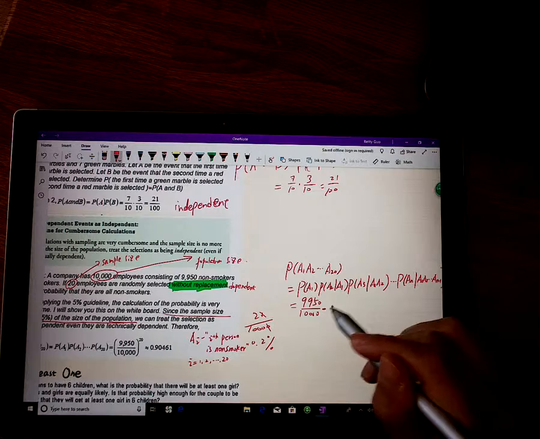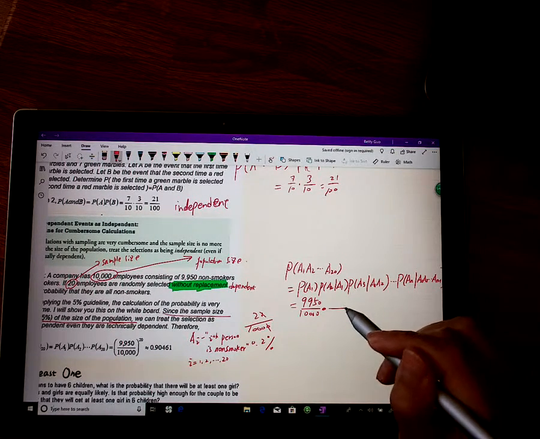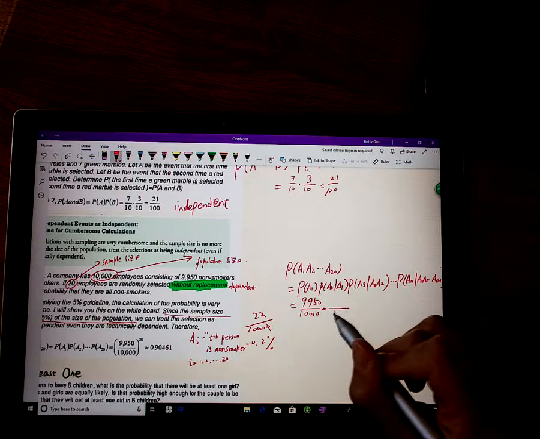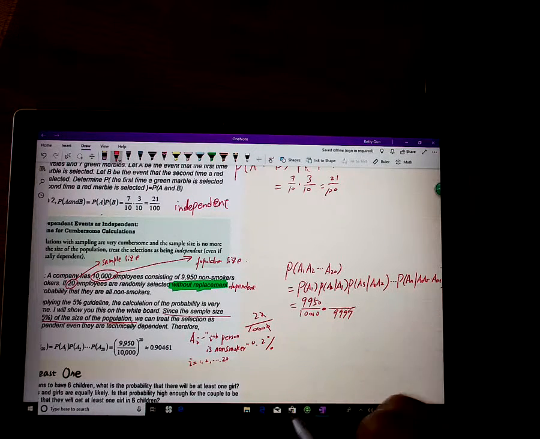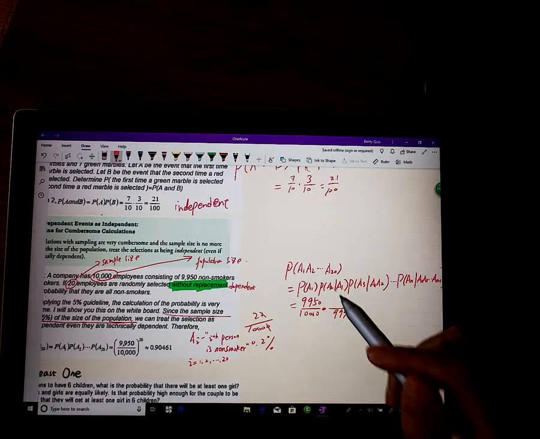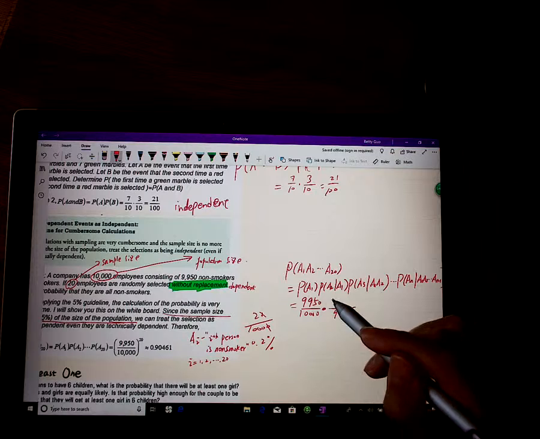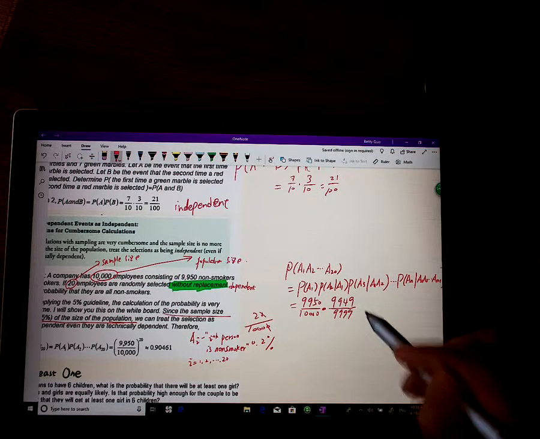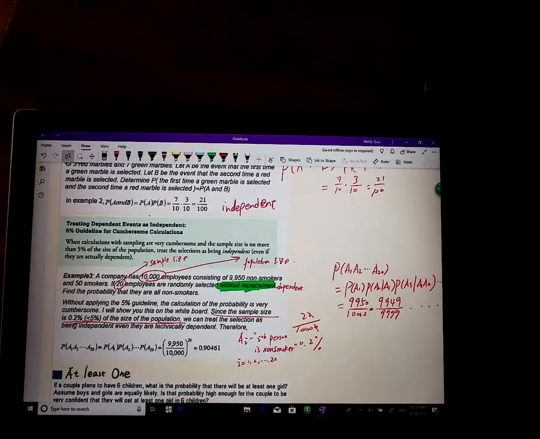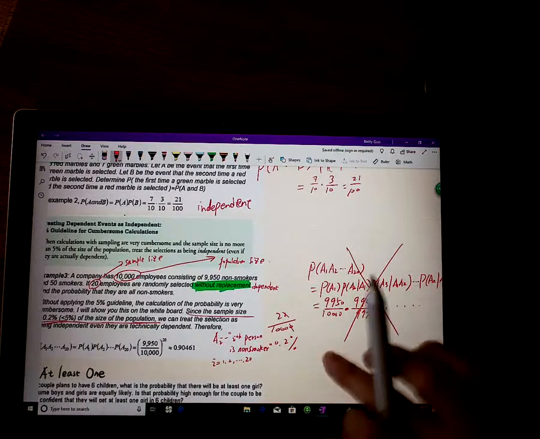And for the conditional probability, you are interviewing the second person, but the first person is already gone. So you don't have 10,000 anymore, you have 9999. Among the 9999, how many non-smokers are there? The first person is a non-smoker, right? We already know the first person is a non-smoker, so here you have 9949. And so on and so on. You would see it's so, what's the word? Cumbersome, troublesome, very complicated. You don't want to do that.